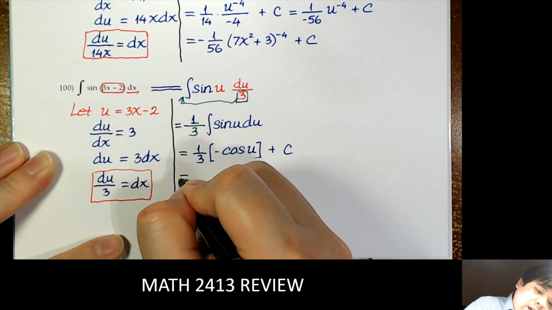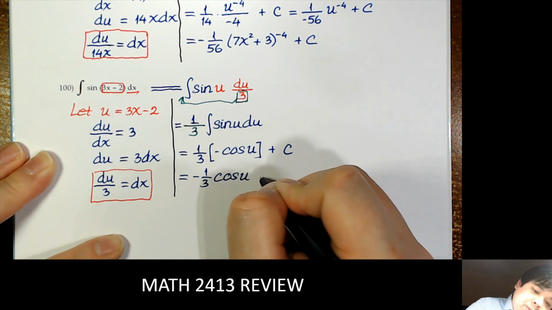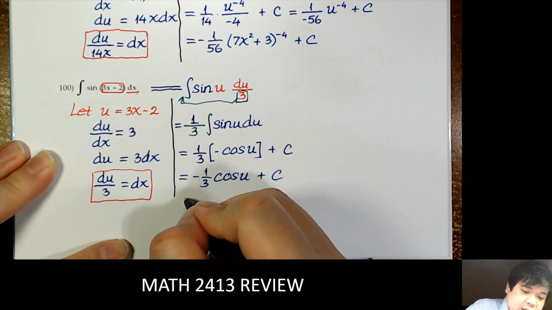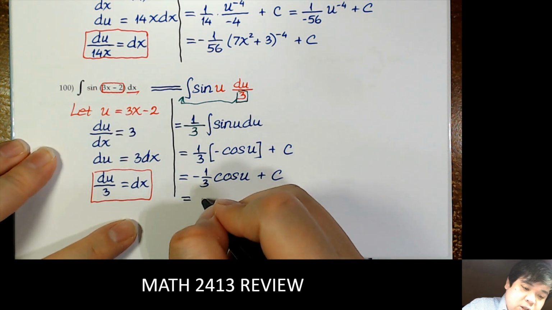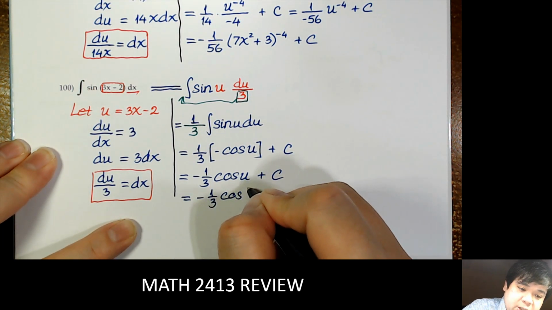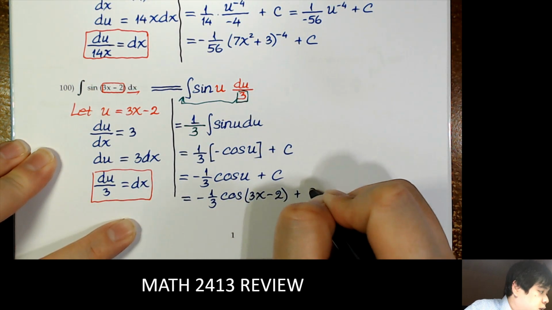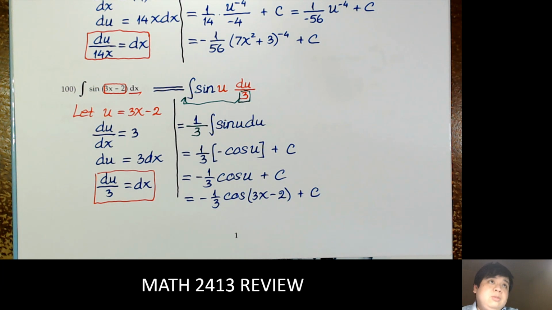So that gives us negative 1 over 3 cosine of u plus c, and u is 3x minus 2, so negative 1/3 cosine of 3x minus 2 plus c. So that's what we have.